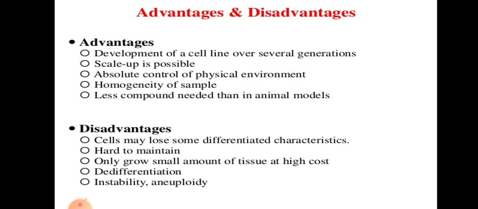Next, disadvantages of tissue culture. We already know there are many advantages. Disadvantages: cells may lose some differentiated characteristics. It is hard to maintain because we have to keep it in a sterile condition. Only a small amount of tissue can be grown at high cost.